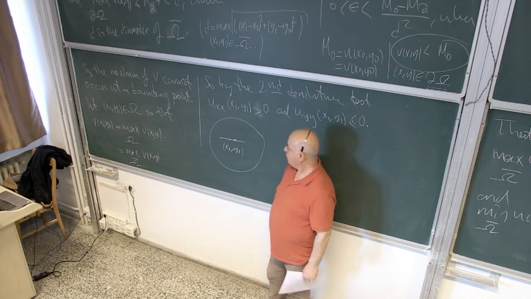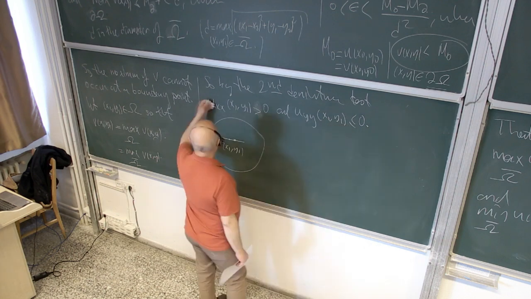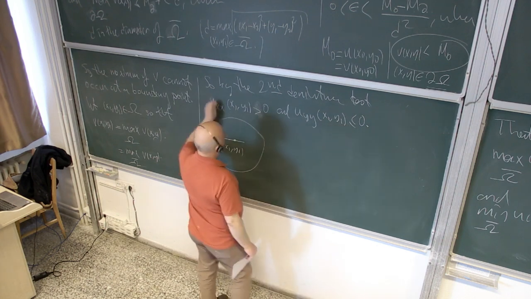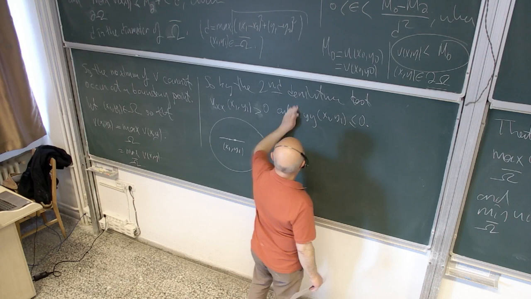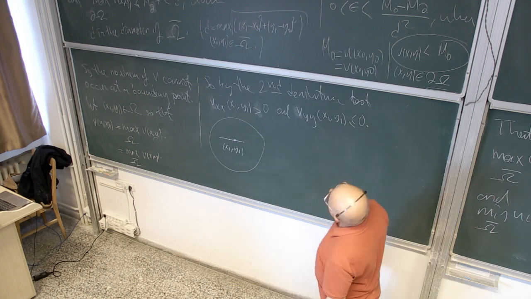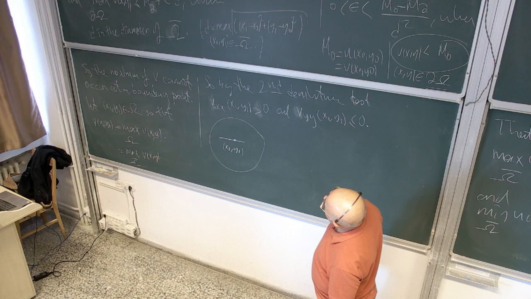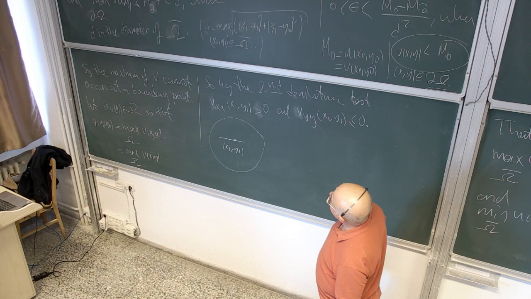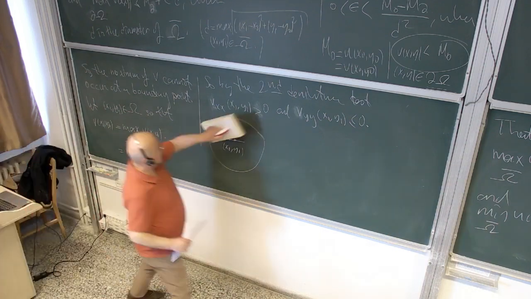V sub xx. Okay. But U sub xx and V sub xx, I guess, are basically the same. Yani yok. Hemen hemen. So they are both negative.